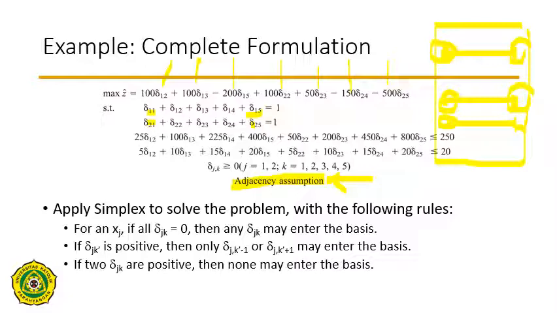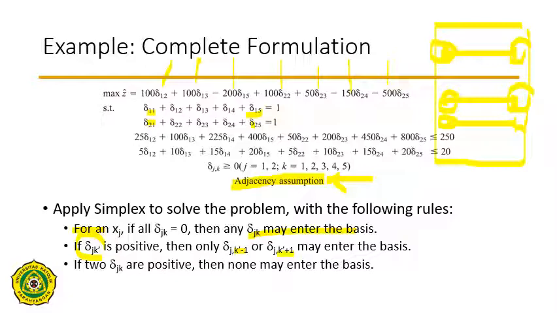First, if all delta jk equal 0, then any delta jk may enter the basis. But if suppose delta jk prime is positive, then only its neighbor may enter the basis. So either delta jk prime minus 1 or delta jk prime plus 1 may enter the basis.